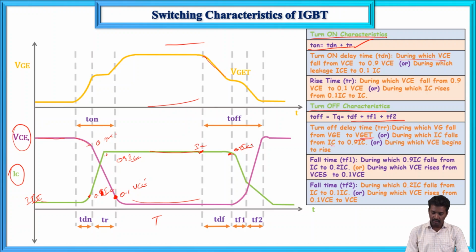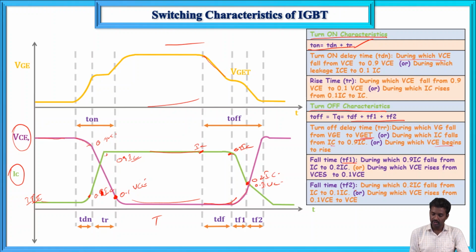Another definition: VCE begins to rise. So from here to here, this is the turn off delay time. Fall time 1 is from 0.9 IC to 0.2 IC, while VCE rises to 0.1 VCE.